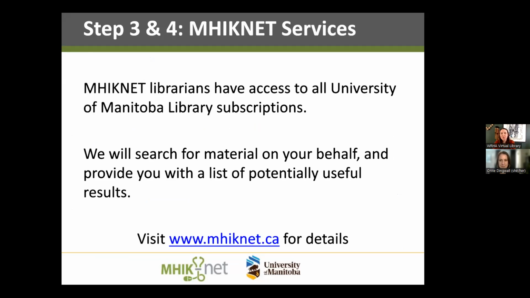We are happy to do that. You just email us, send us that search, and we will look through the databases for you. And we have access to some databases that you may not have access to through the University of Manitoba library subscriptions. So we can try and do a comprehensive search for you, and we will send you a list of references.